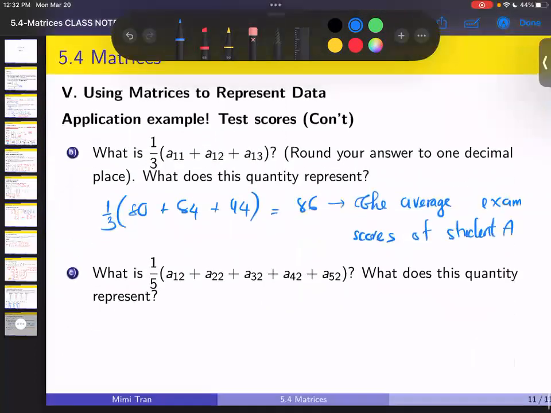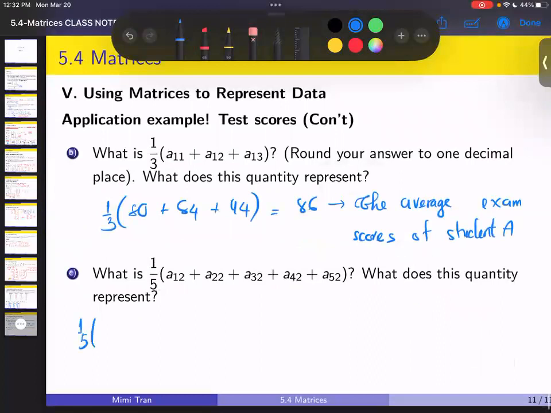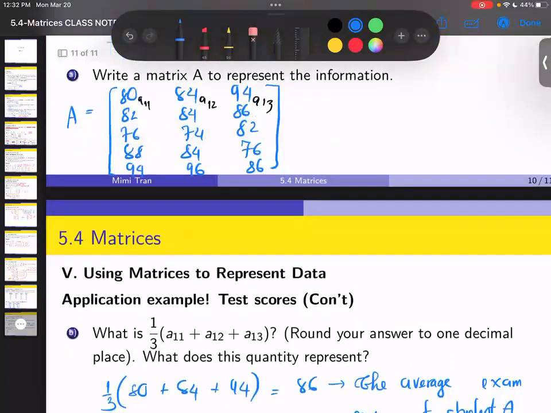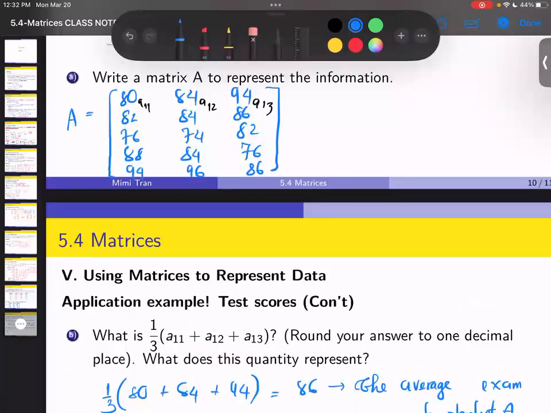What about part B? 1/5 times A12. A12, first row, second column. A22 right here, A32, A42, A52.